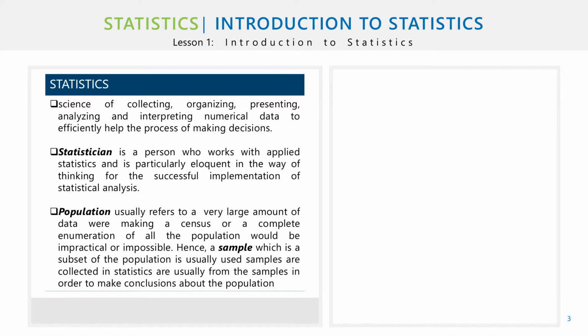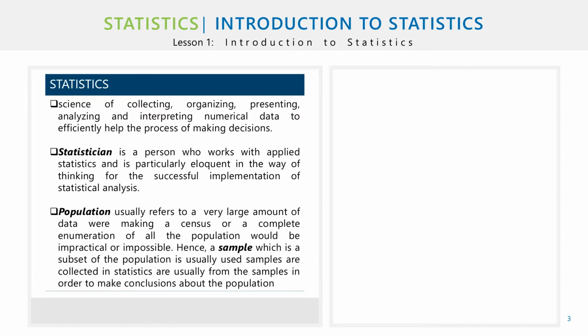When we say population, it refers to a very large amount of data that making a census would be very impractical or impossible to conduct. However, a sample is a subset of the population. Usually, samples are collected in statistics in order to make conclusions about the population.